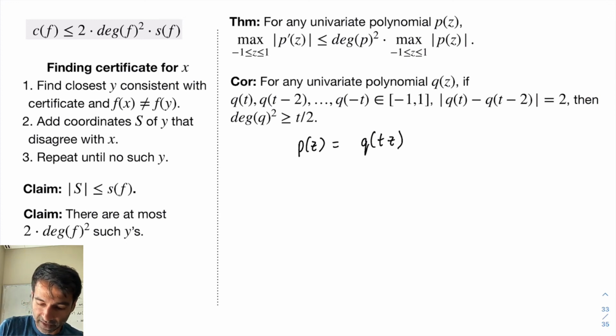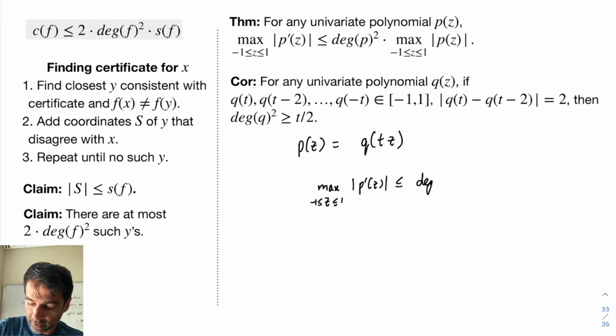So Markov's theorem says that the maximum over z from -1 to 1 of the derivative of P is bounded by the degree of P squared times the maximum magnitude of P in the same interval.